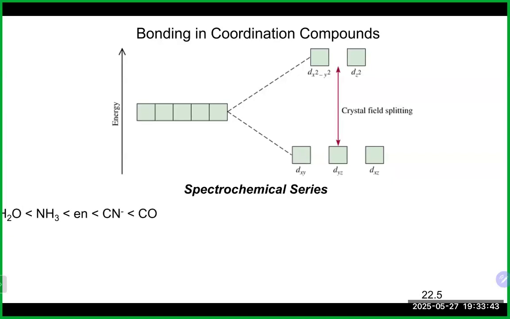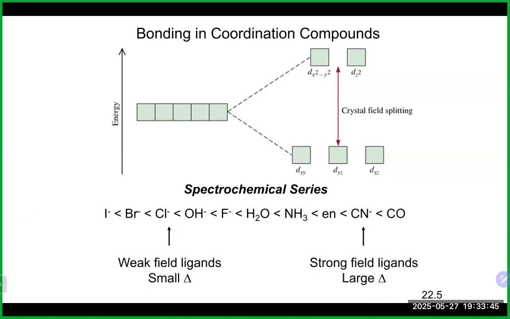So how do we know if we're going to get a large split in the d orbitals or a smaller split? It has to do with the ligands that are present. Certain ligands are referred to as weak field splitters, and certain ligands are referred to as strong field ligands.